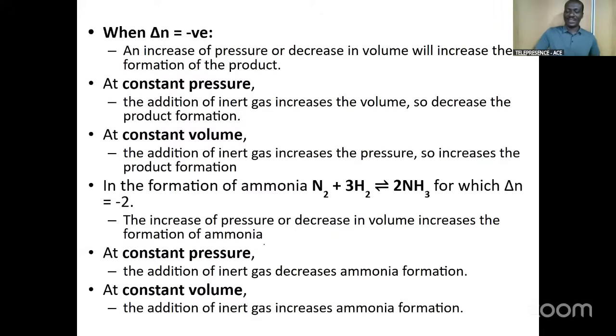And of course, as a chemist or a chemical engineer, you may be asked, what should be done to increase the yield of ammonia? All you need to tell them is, to increase the yield of ammonia, please increase the pressure. If you increase the pressure, there will be an increase in the formation of ammonia.